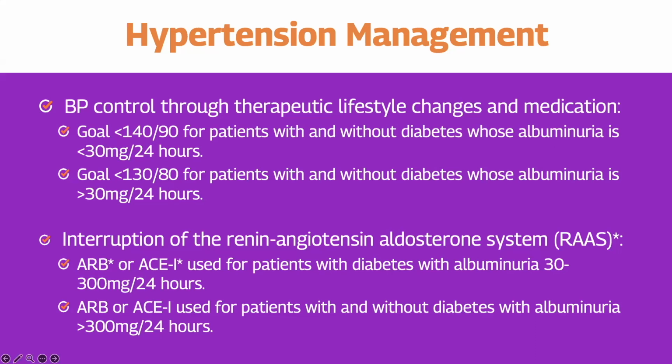An ARB or an ACE inhibitor may be used for patients with diabetes who have albumin in their urine of 30 to 300 milligrams in 24 hours, while an ARB or ACE inhibitor may be used for patients both with and without diabetes with albumin in their urine greater than 300 milligrams in 24 hours.